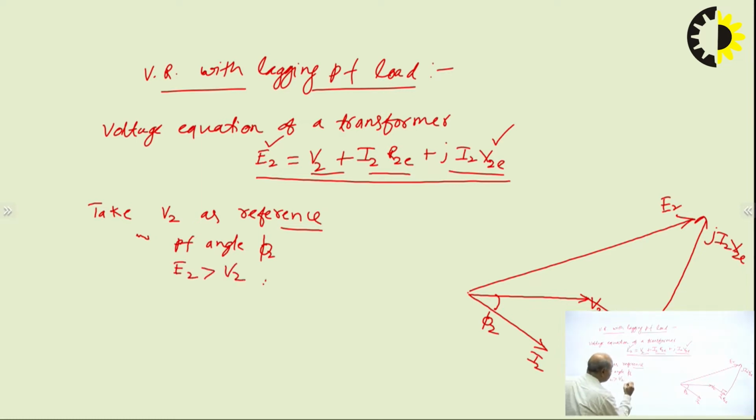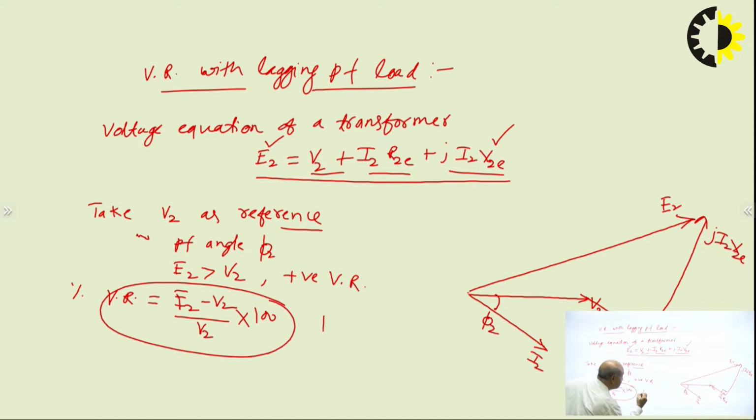It means positive voltage regulation, because we know that our voltage regulation is E2 minus V2 upon V2 into 100. So it is positive, since E2 is greater than V2. From the phasor diagram it is obvious.